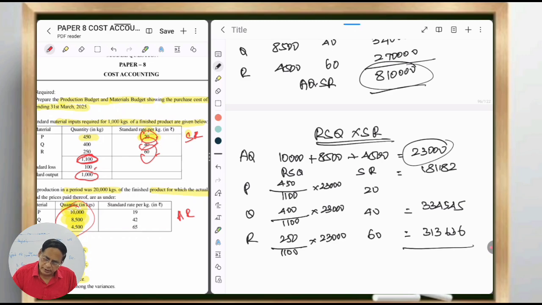So if we add, that is RSQ. 1,81,182 plus 3,34,545 plus 3,13,636. Once again, please wait a minute.